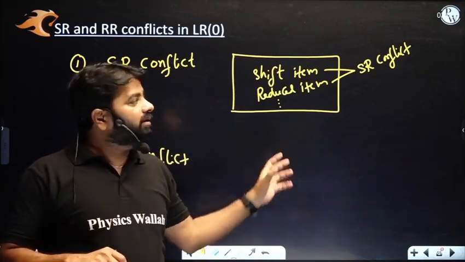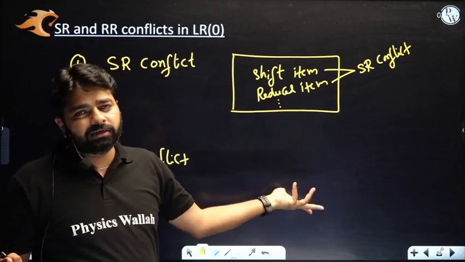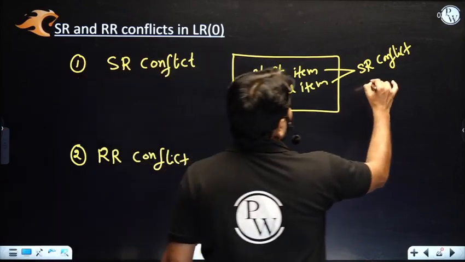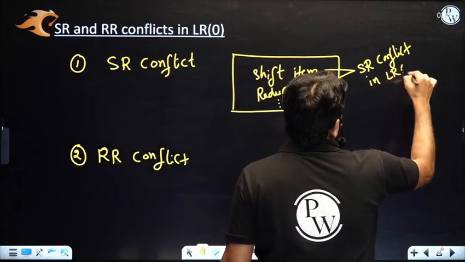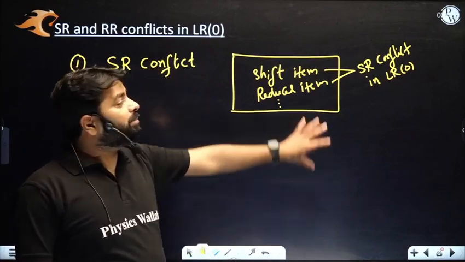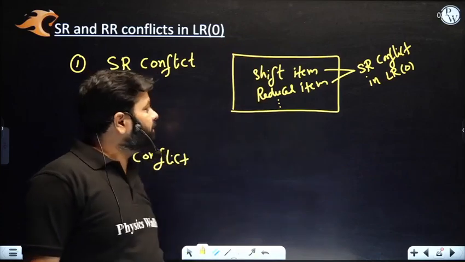If you see it, it is a conflict because LR0 has no knowledge of what is present after the dot, so it will simply say SR conflict. But SLR1, LALR1, CLR1, they don't simply say conflict, they look for followers, they look for lookaheads. Fine.